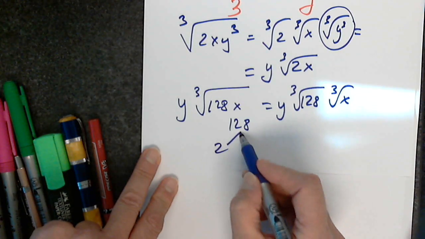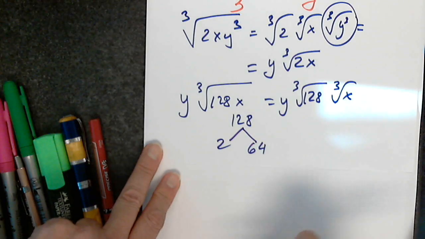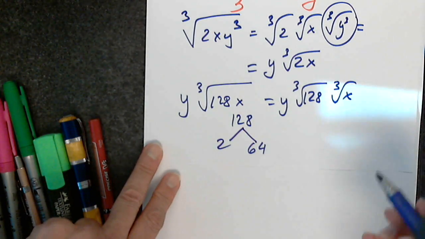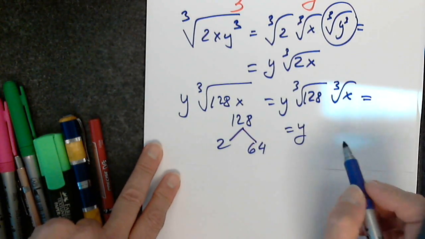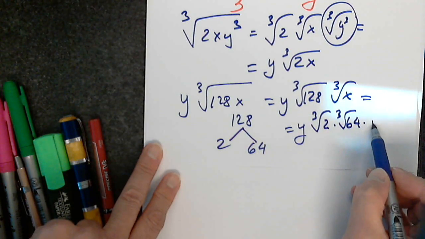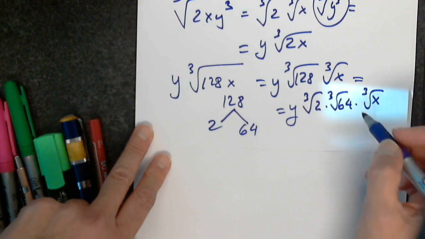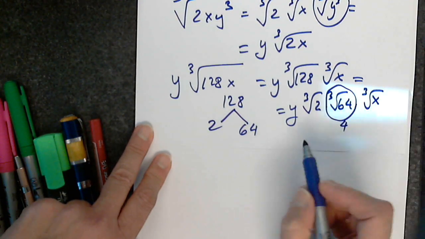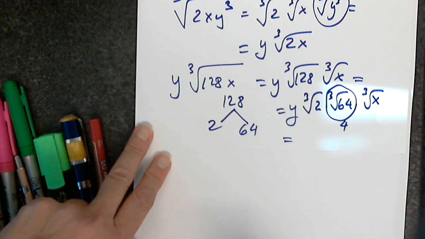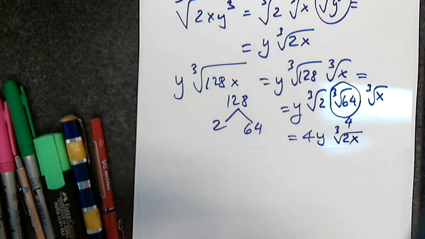It must be divisible by 2. And when I divide by 2, I get 64. And I know that 64 is a perfect cube. So I will rewrite everything as y, the cube root of 2, the cube root of 64, and the cube root of x. I know that this is 4. So the simplified form of the third radical is 4y, the cube root of 2x.